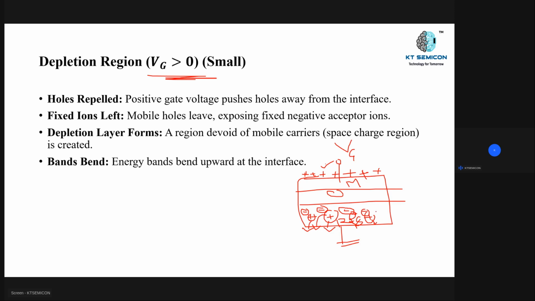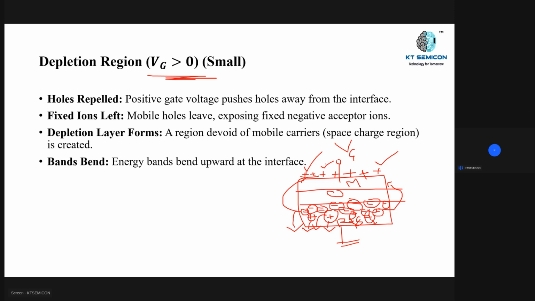So what happened now? Whenever we apply positive voltage at the gate, these negative ions try to get attracted to this positive voltage. Whenever my holes move deeper into the substrate, they leave one negative ion. Because of the positive voltage at the gate, these negative ions are attracted to it. Then these negative ions form a layer at the surface of the substrate and the oxide layer.